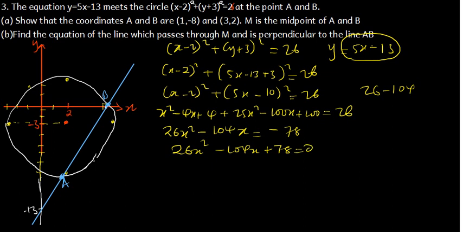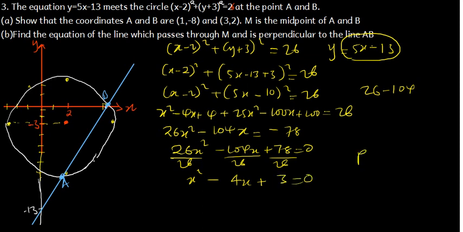Well, at this point 26 can go into all these numbers, so divide through by 26, so that will give us x squared there. 26 into 104 is a 4x. 26 into 78 is a 3, and that is going to be equal to 0.